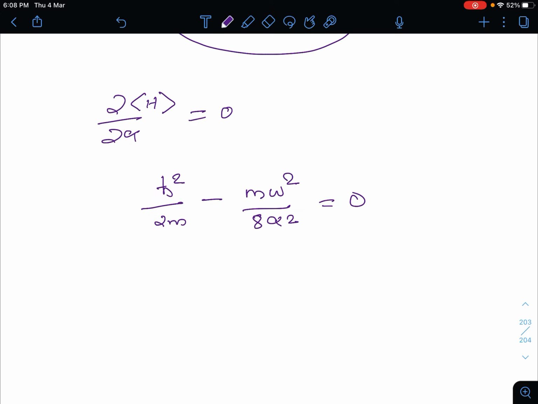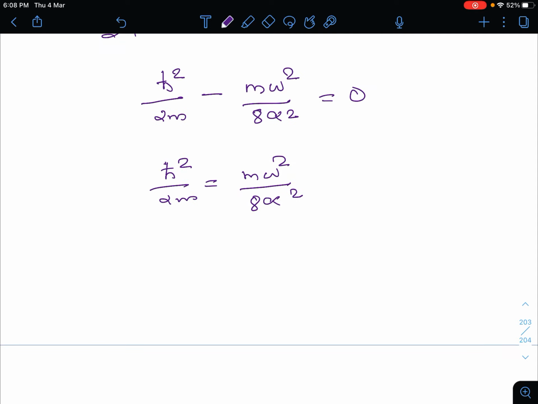So now if I take it to the right hand side, it will be h cross square by 2m is equal to m omega square by 8 alpha square, correct? So alpha square now becomes 2m square omega square divided by 8 h cross square.